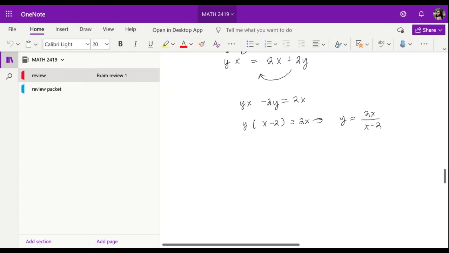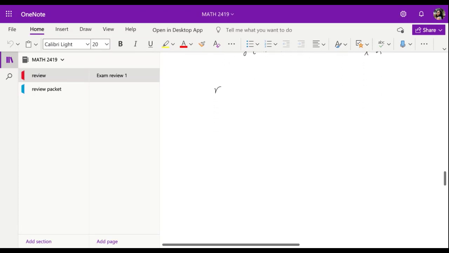Okay, so let's do the next one. The next one's a little bit different. It says r equals 4 cosine theta plus 6 sine theta. And for this one, we need to identify what kind of curve it is.